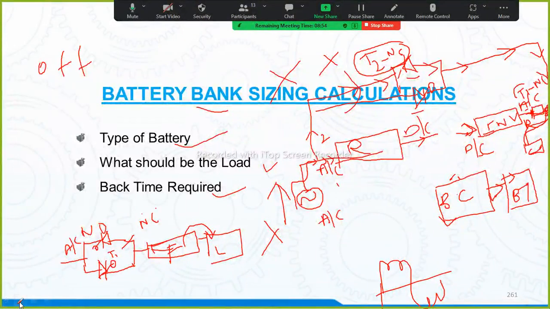Okay, now when you go with the online UPS, there's a path 1 and there is a path 2. This path will always be NC, and this will be NO.